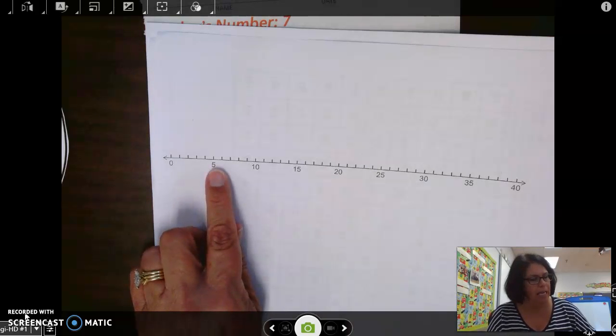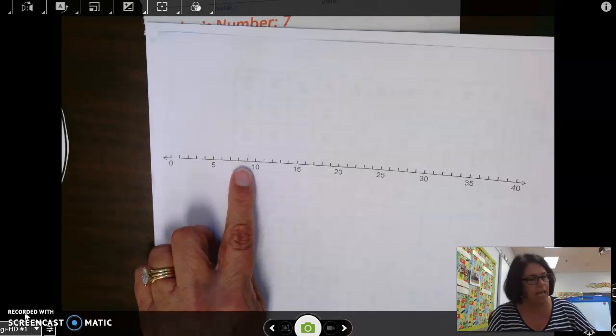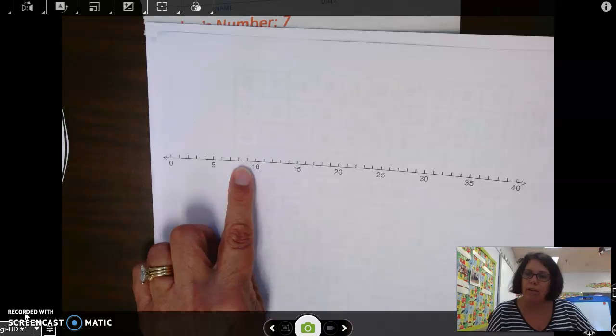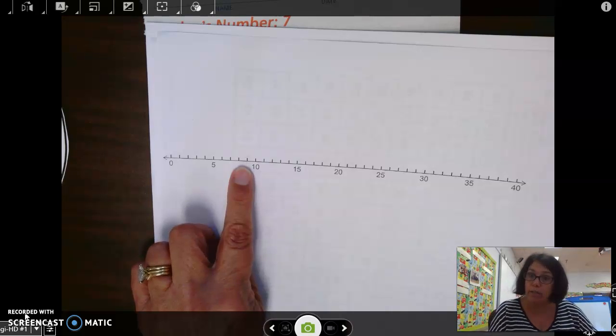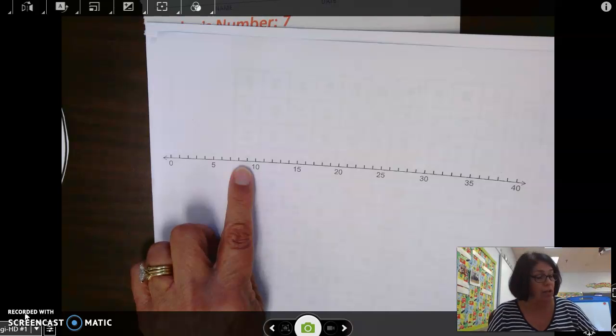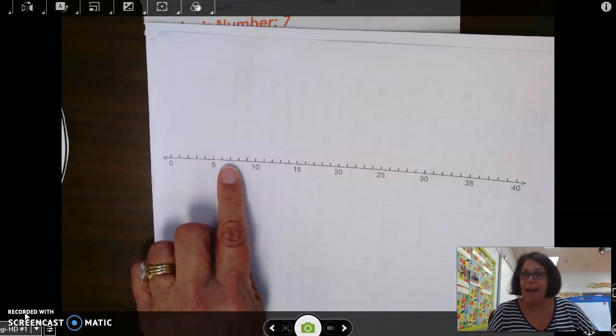Let's jump up to 8. So 6, 7, 8. Now, if I jump back 1, or subtract 1, or take away 1, will I land on 7? Here I am at 8, I take away 1, and I'm at 7. So 8 minus 1 does equal 7.